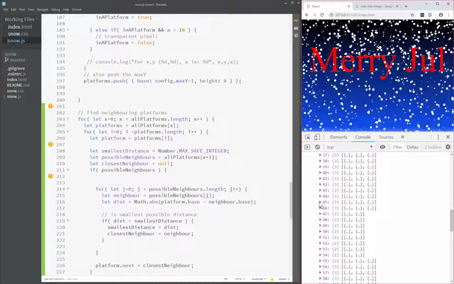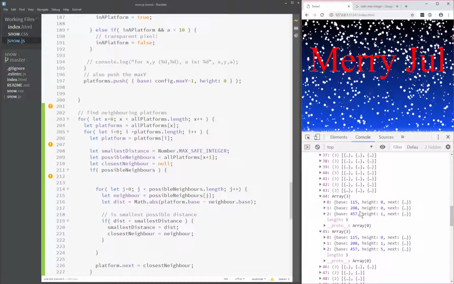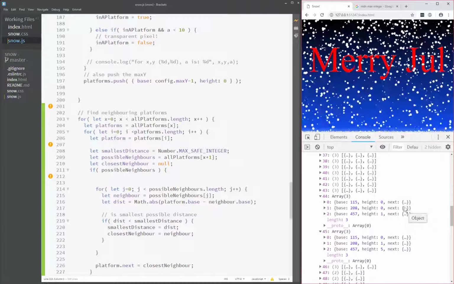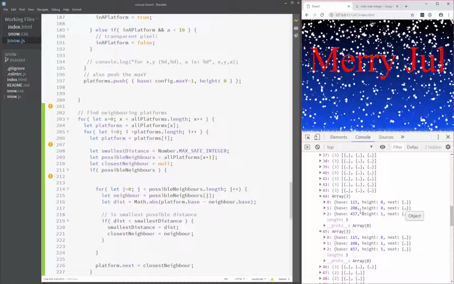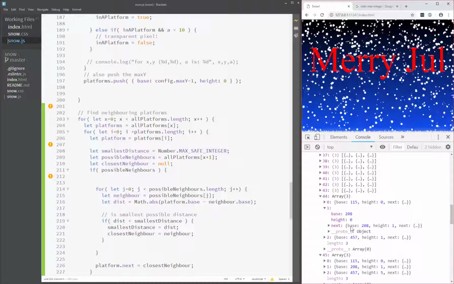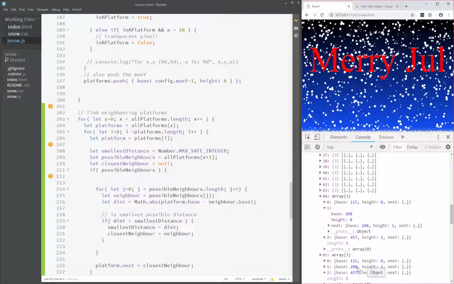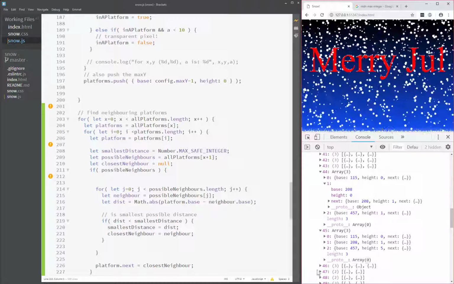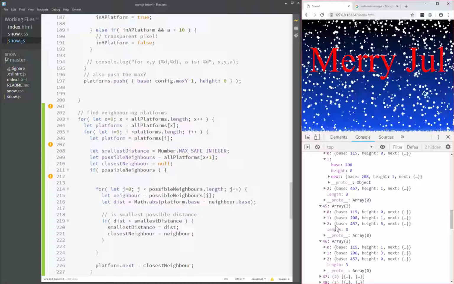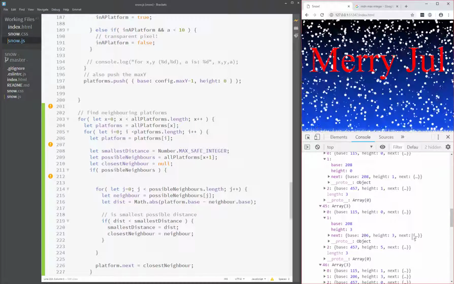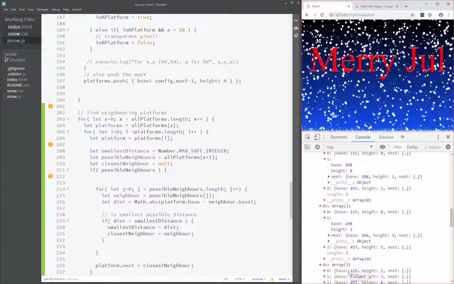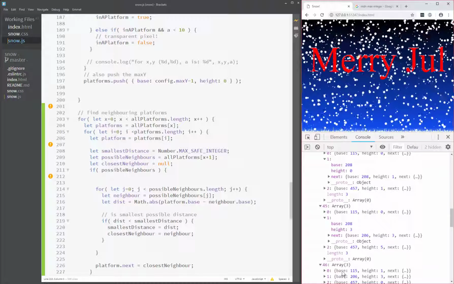Where were they? 45. The 208 has a next. Can I see what is the next? That is this, probably this one with 208, and then there's one here at 206, and that means the next should be, yeah, the next is this one.